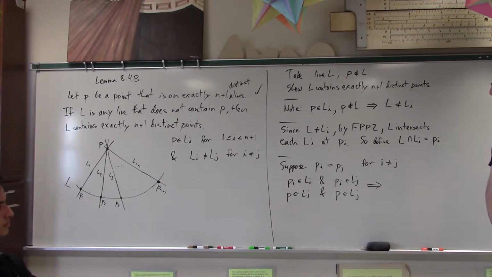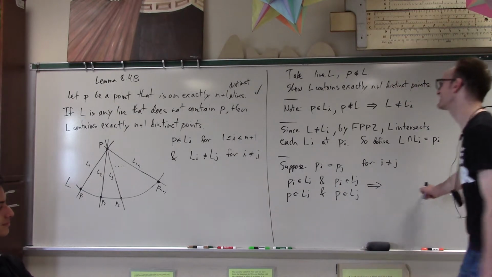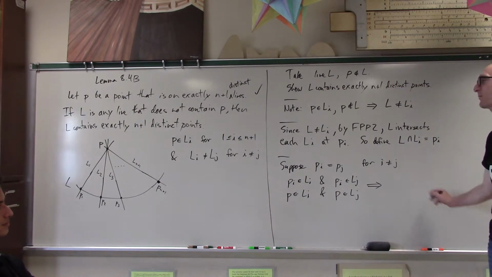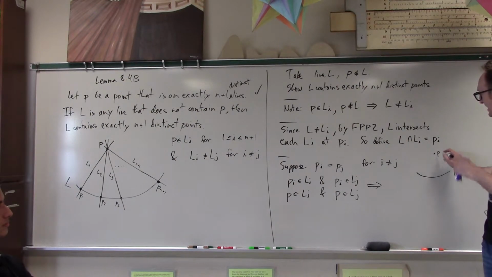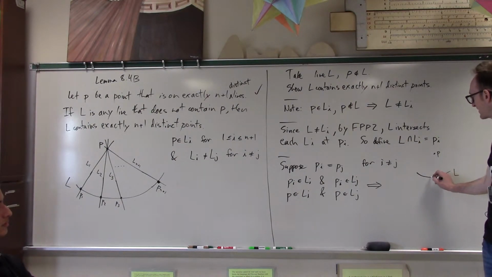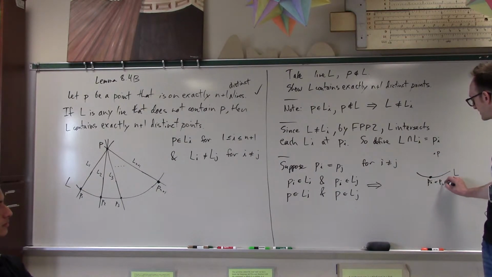Good. Notice that the general picture is, here's this line L, here's this point P, and what we're imagining temporarily is that there's this point Pi, which is also Pj.